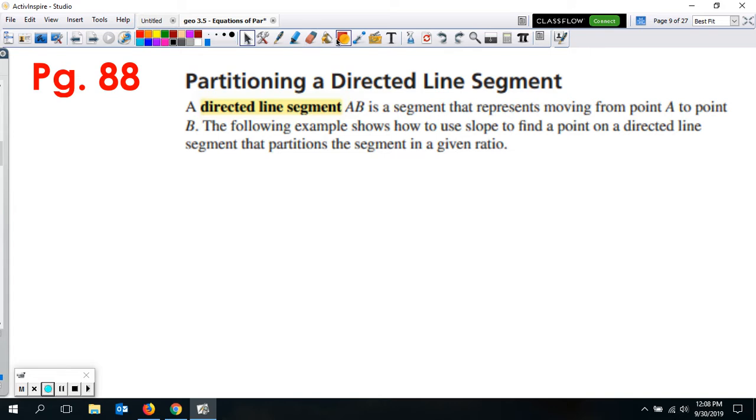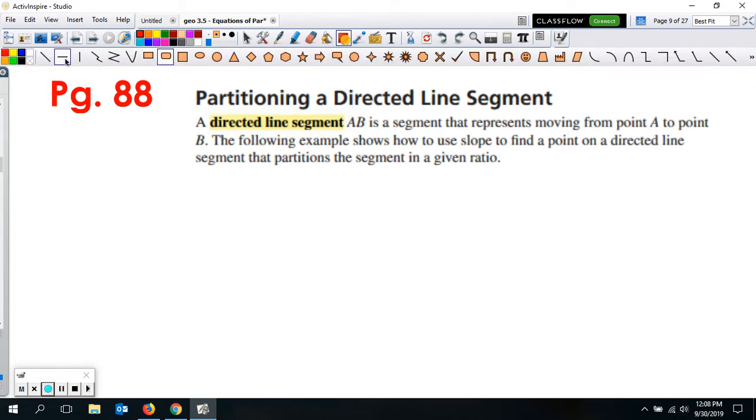Essentially, write this down: it is a segment that represents moving from point A to point B. So you go from A to B. The following example shows you how to use slope to find the point of a directed line segment, but we're going to get into that in just a minute.